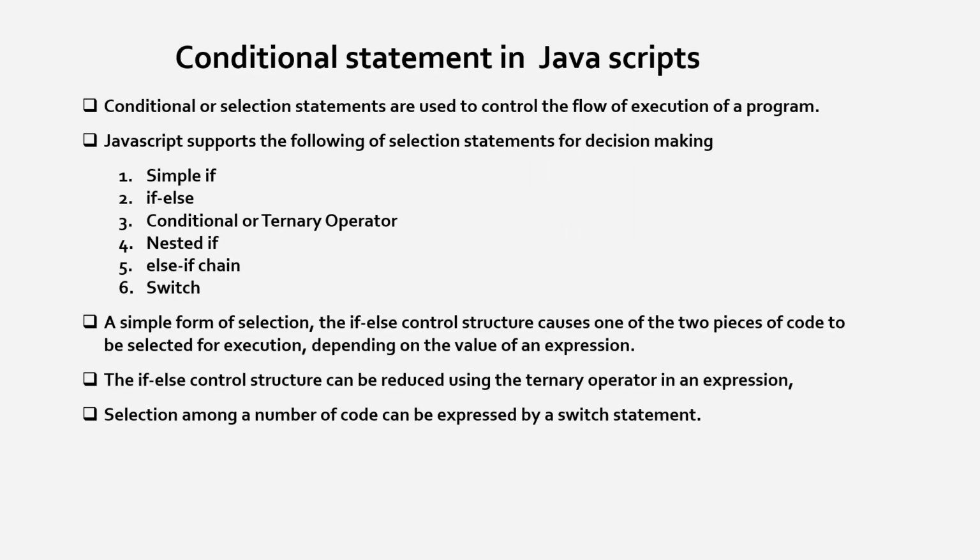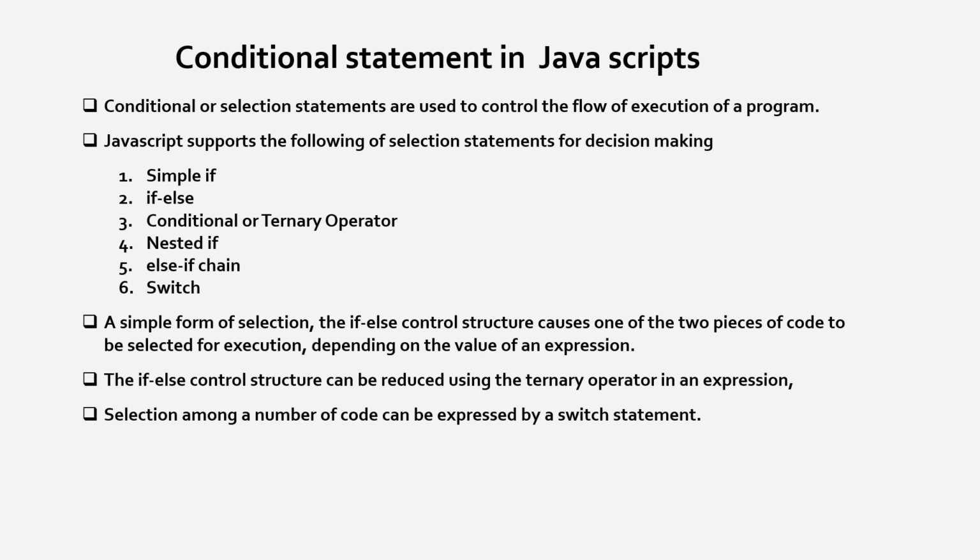Before we go ahead, let me say why we need control statements in any programming language. In general, control statements are used to control the flow of execution of a program. Decision making is essential for any programming task.